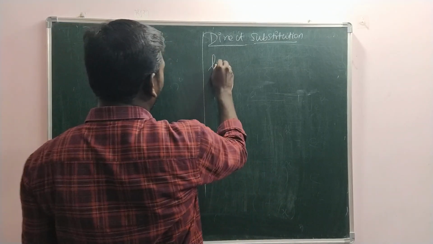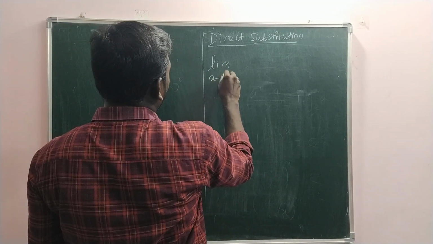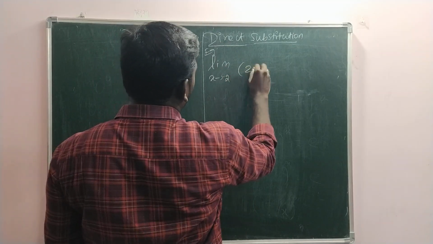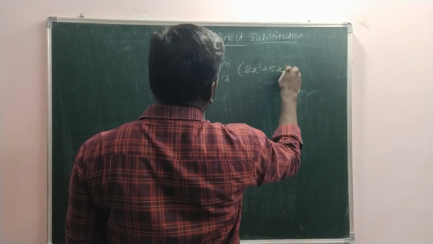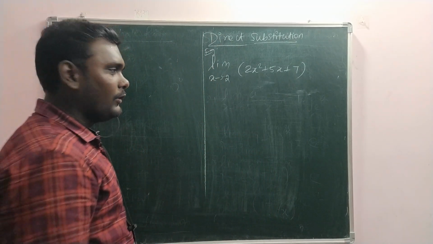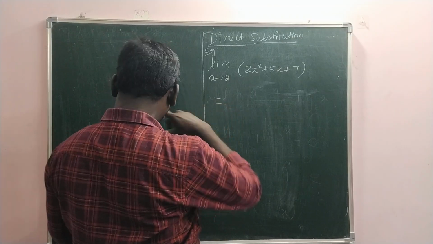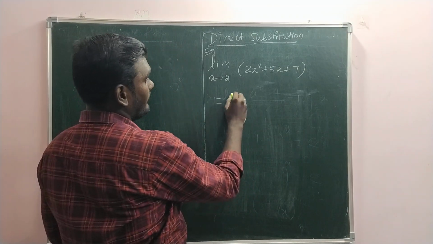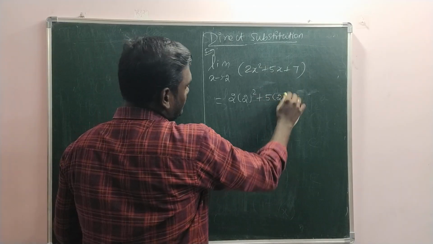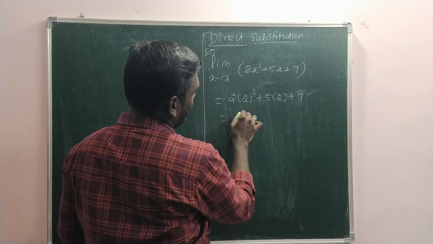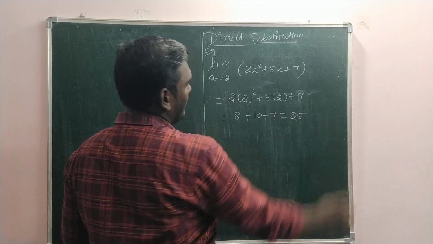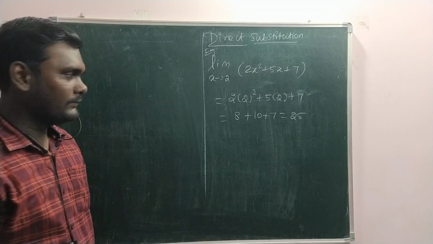It's very easy. Take the limit as x tends to 2 of 2x square plus 5x plus 7. What is the value? We will directly substitute 2. 2 into 2 square, plus 5 into 2, plus 7. So that is 8 plus 10 plus 7, and we get 25 as the answer. This is direct substitution.